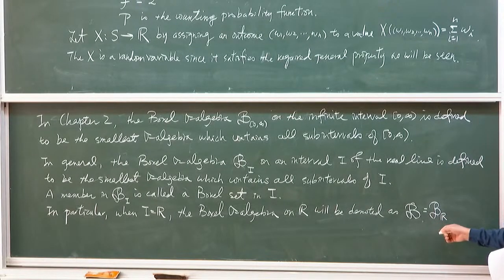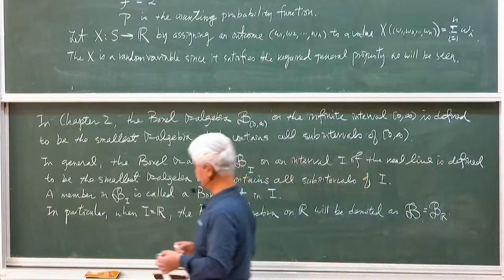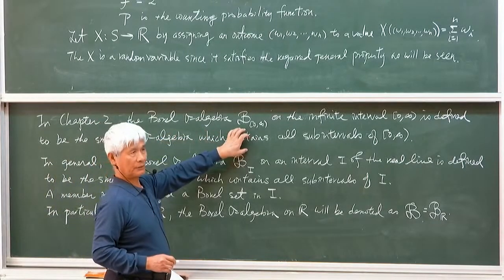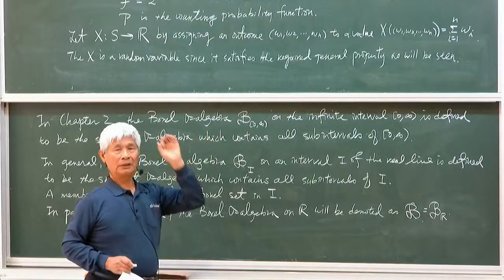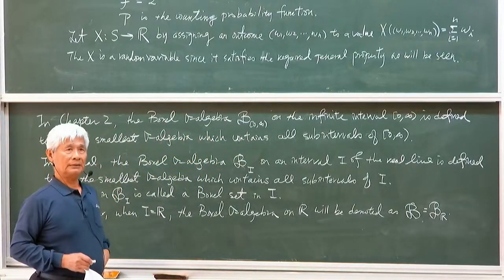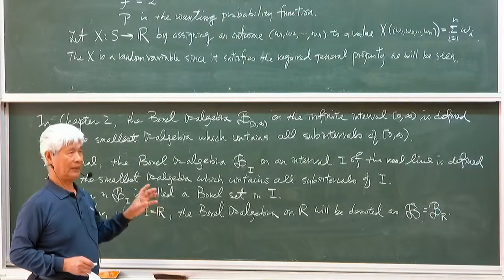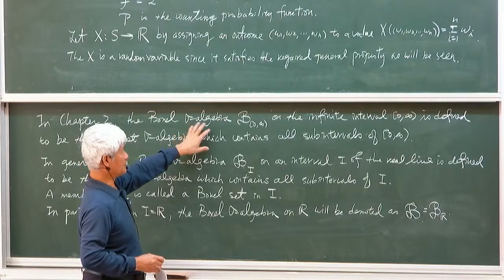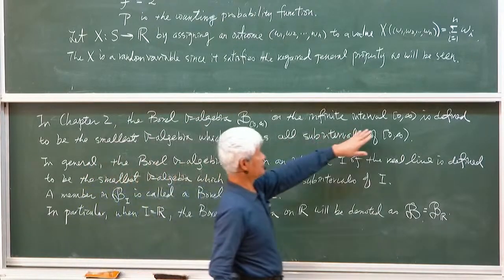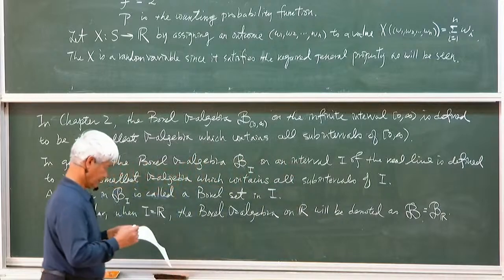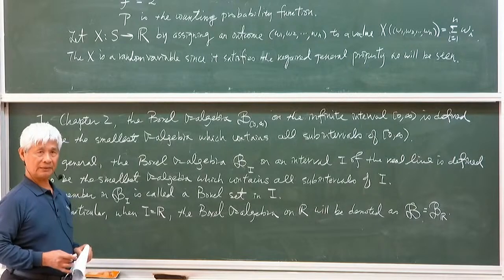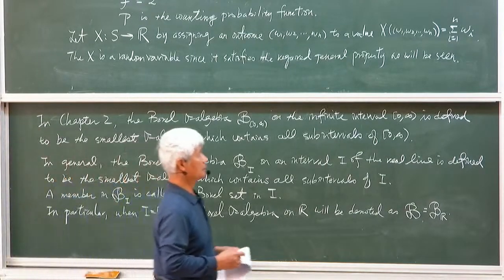It's just a generalization from what we have, because in chapter 2 we considered the lifetime of a light bulb, and in that example we encountered the Borel sigma algebra on the infinite interval. All right, so this is about the Borel sigma algebra on an interval.